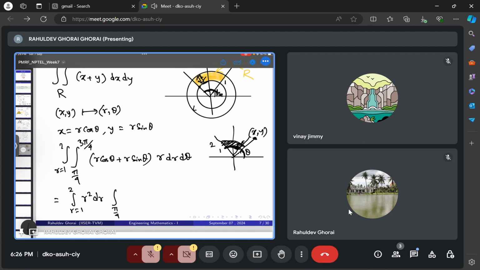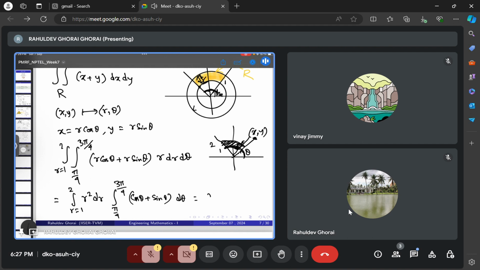Don't do it always, but in this case you can do it because while doing the integration r is not a variable, it is a constant. You are doing from r equal to 1 to 2 which are constant, and theta equal to pi by 4 to 3 pi by 4, they are also constant, so you can write it this way, and it will be cos theta plus sin theta d theta.